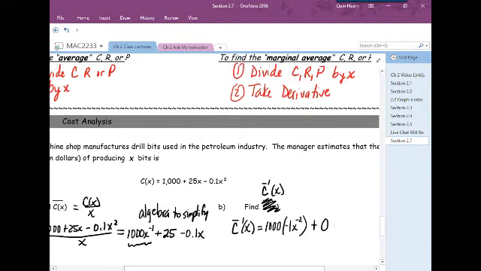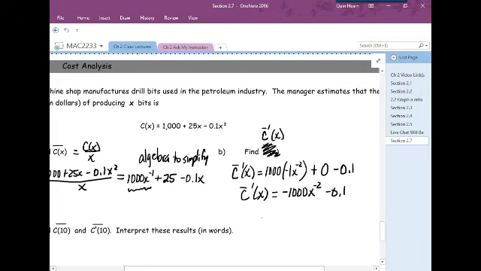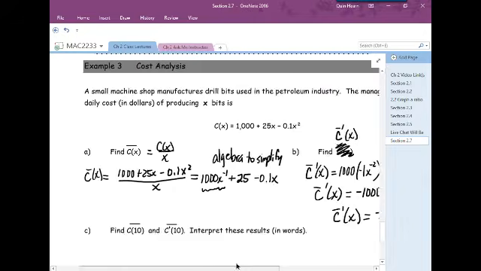The coefficient times x, you just have the coefficient. So C bar prime of x, the marginal average cost, is going to be negative 1,000 x to the negative 2 minus 0.1. Or if we don't want to write that with a negative exponent, we can flip it back to the bottom. So negative 1,000 over x squared minus 0.1. All right.